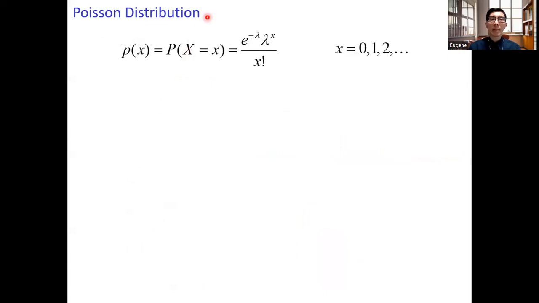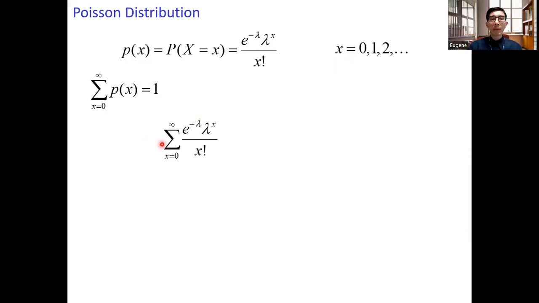Let's get back to the PMF of the Poisson distribution. If we sum up all the probability from x equals 0, 1, 2, up to infinity, we should get the value 1. So let's verify this.